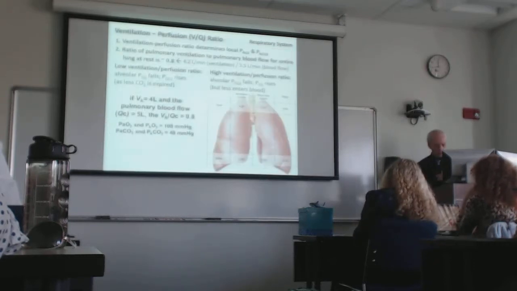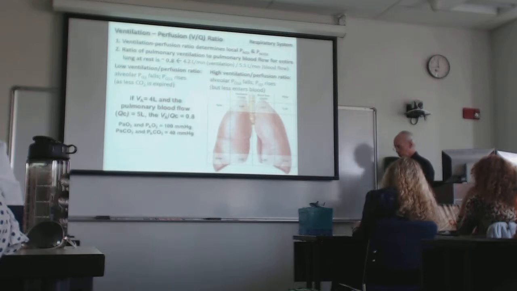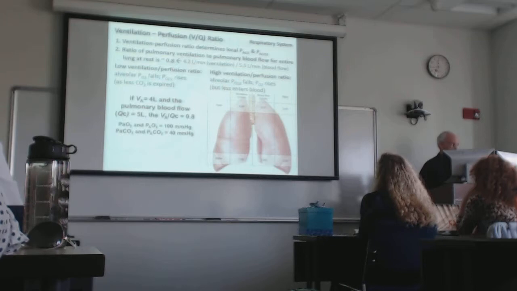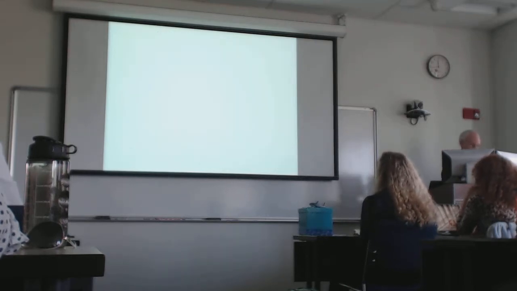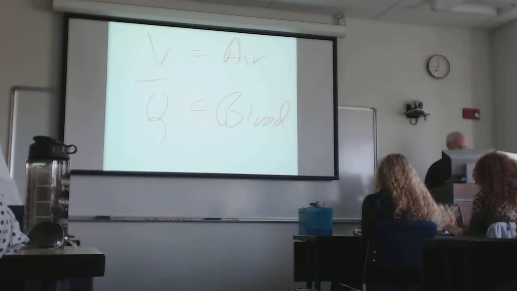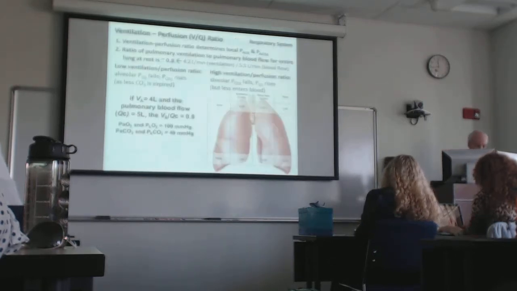Now we've talked about VQ ratio, and certainly VQ ratio is going to be altered locally by hypoxic vasoconstriction. Remember in VQ ratio, V over Q, we're talking about air over blood. So be sure you know that Q in general can refer to any type of flow, but in this context, we're talking about blood flow.